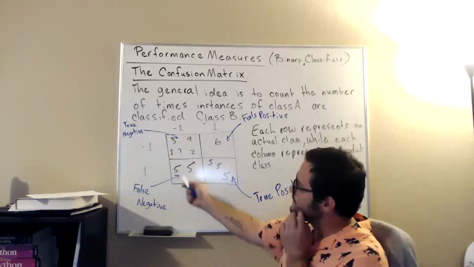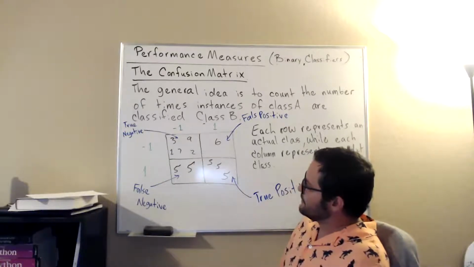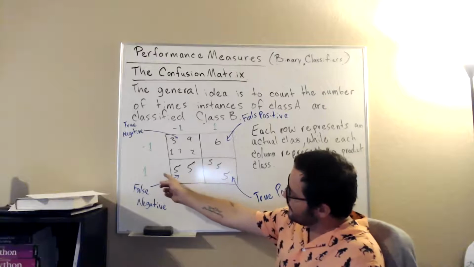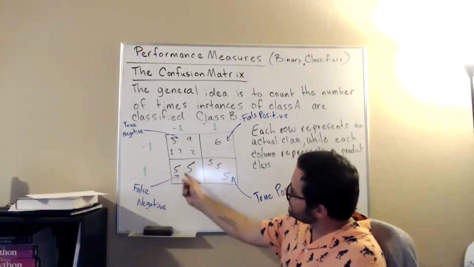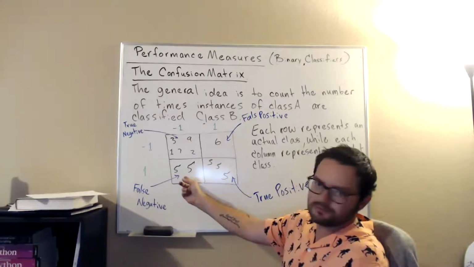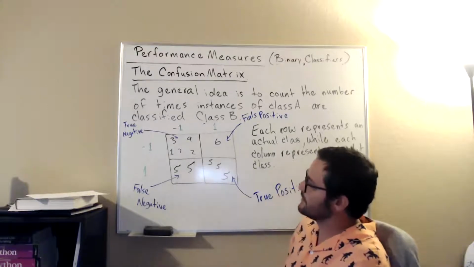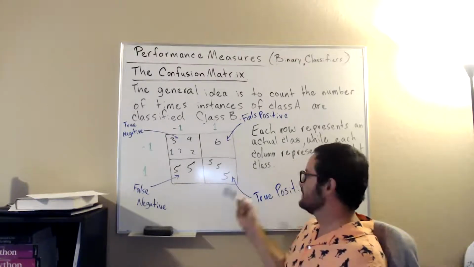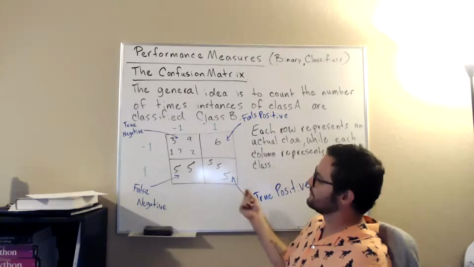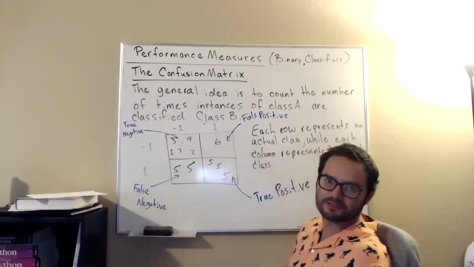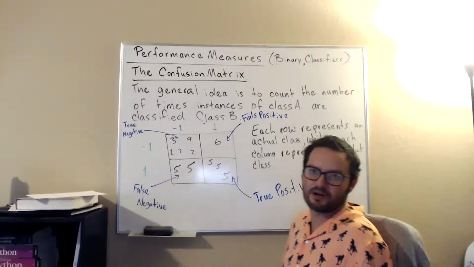So in this entry here, these should have been predicted positive, but they were predicted negative. So those are false negatives. And in here, these are true positives, where they were positive, and we also predicted with our model that they were positive.